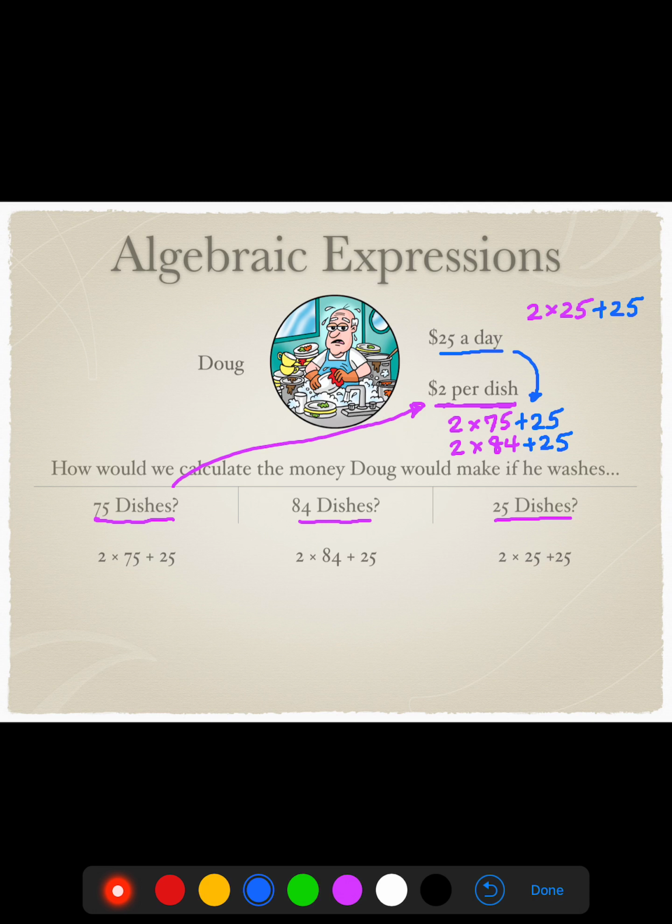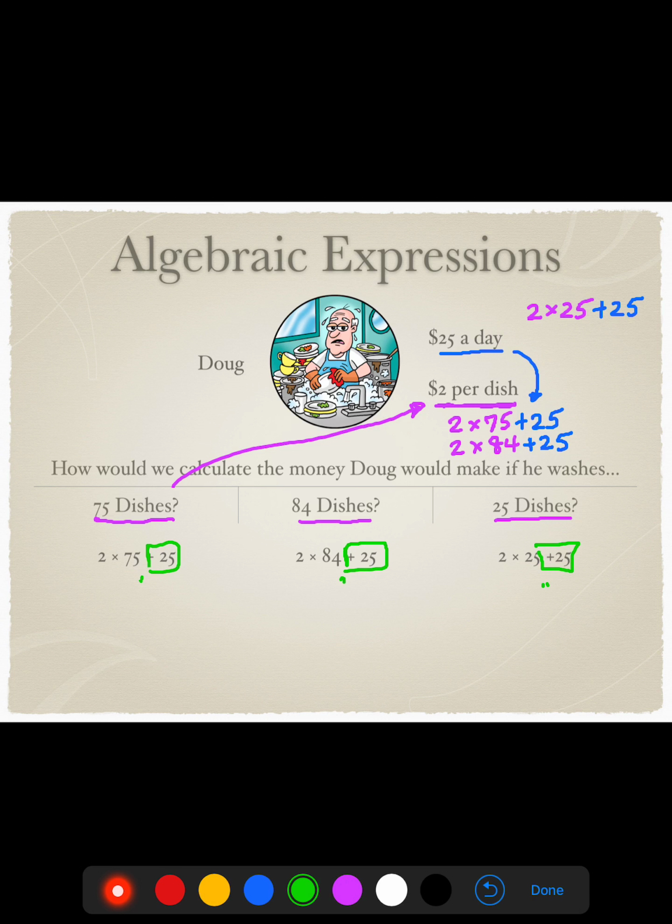Now what I'd like you to do is pause the recording and figure out, what do you see in common amongst these 3 expressions? Okay, well, I know that you're always adding 25 each time, so I'm just going to box that out here. We know that each time you're adding 25 because that's consistent with how much money he's making.